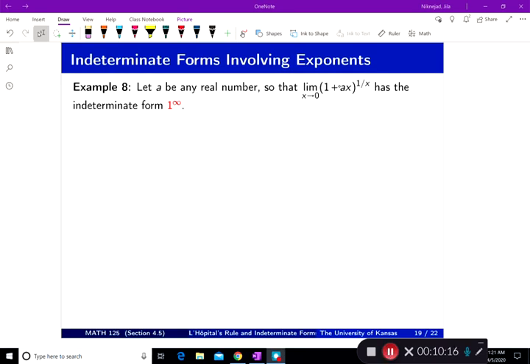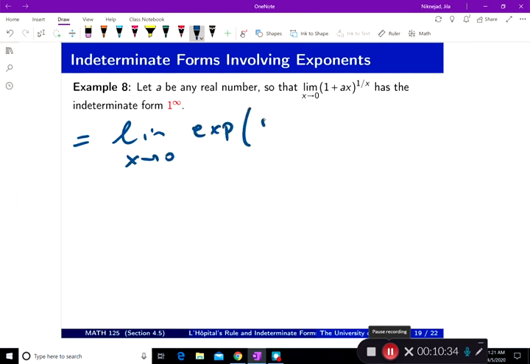We're going to do the same routine with any of those 1 to infinity, infinity to 0, 0 to 0. What I do is I write down limit as x approaches 0, exponential, natural log of 1 plus ax to power 1 over x.